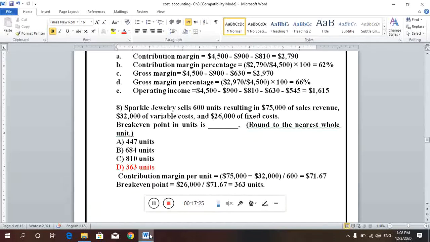The contribution margin per unit will equal $71.67. This is the contribution margin per unit. So the break-even point in units equals fixed cost divided by this contribution margin per unit. Fixed cost is equal $26,000 divided by $71.67. It will be equal 363 units.